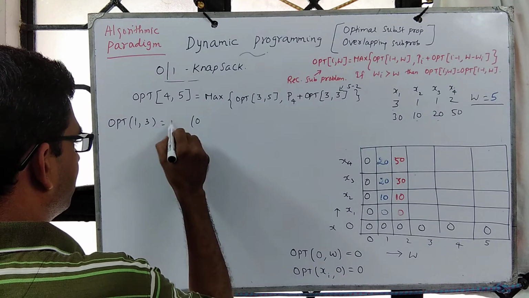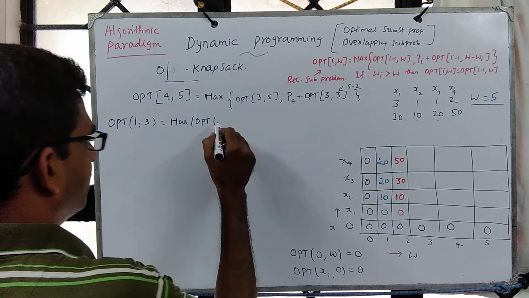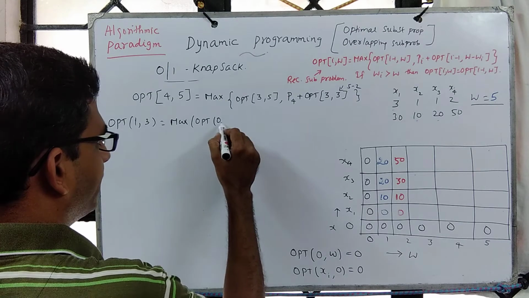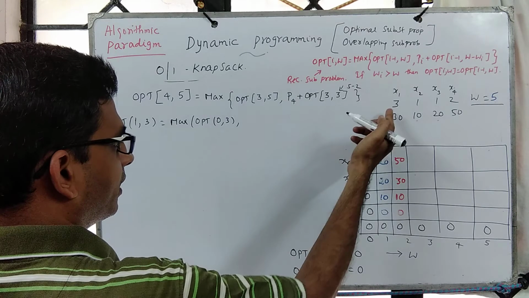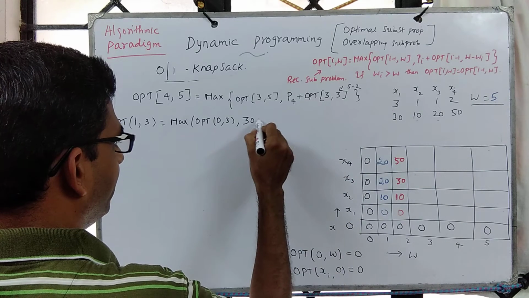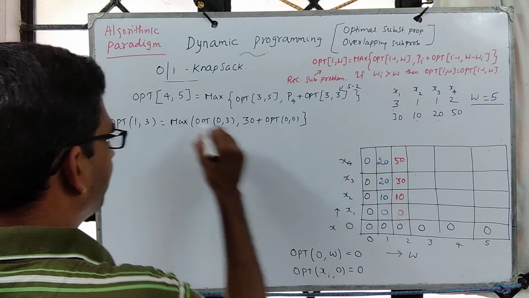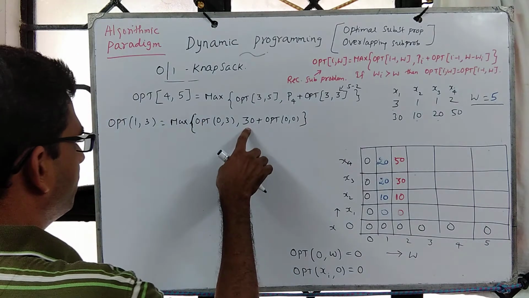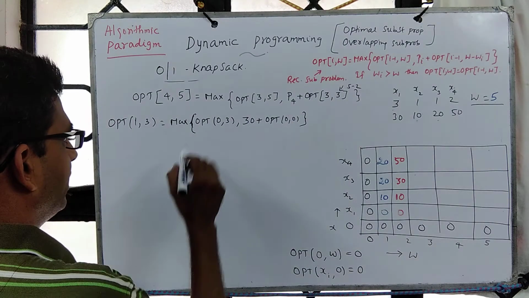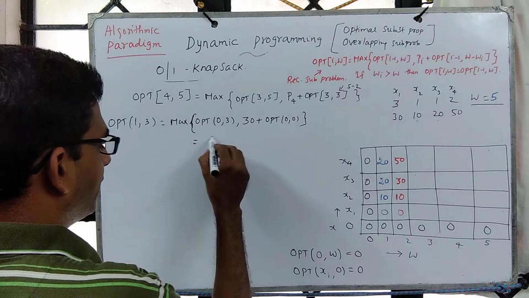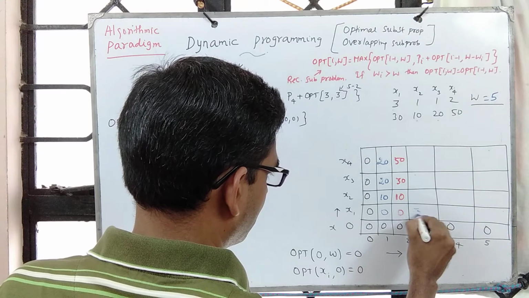So it would be max of two quantities, max of opt of, do not consider the first one, and you get 0 comma 3, or include this one, get a profit of 30 plus opt of 0 comma 0. So we include the first object and work with the subproblem 0 comma 3 minus 3, and we see that we get a profit of 30 out of this, and so this one is 30.